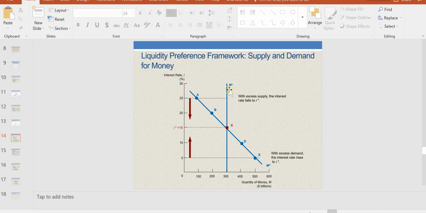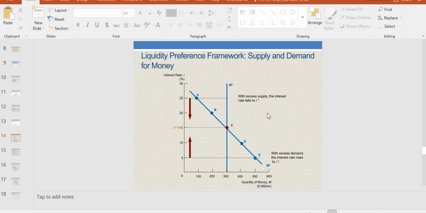hold money. And in this framework, the supply of money is assumed to be controlled by the central bank, the Federal Reserve, hence it's outside of the investors' or bondholders' control, and in this model it's vertical, so it's not fluctuating with the interest rate.